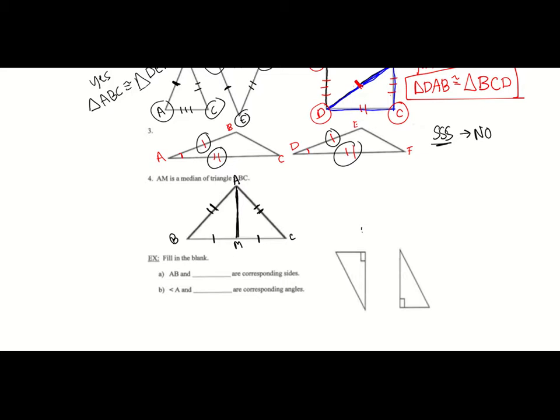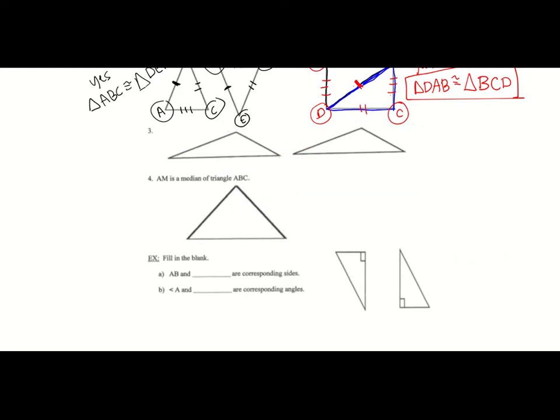So we need to prove that these two triangles match all three sides. We have two of them. Our third side of both triangles is this one right in the middle. And since that side is the same on both triangles, we can say that our triangles are congruent, AMD, because we can match up all three sides to the other triangle.